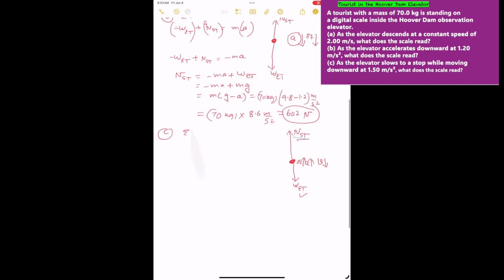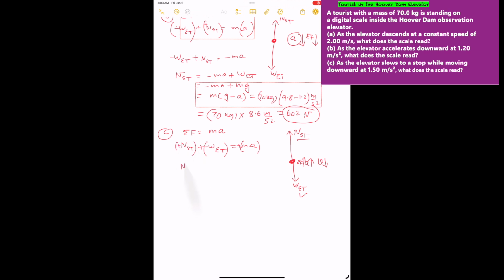So again, the net force is equal to mass times acceleration. Net force is again the normal force, sorry, addition with the weight force, which is equal to mass times acceleration. Again we have to take care about the sign. The acceleration is upward so positive, weight is negative, normal force is positive.